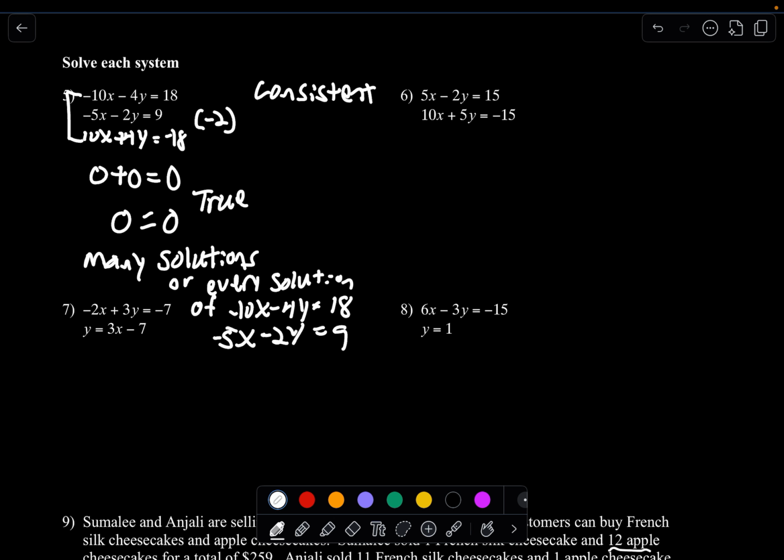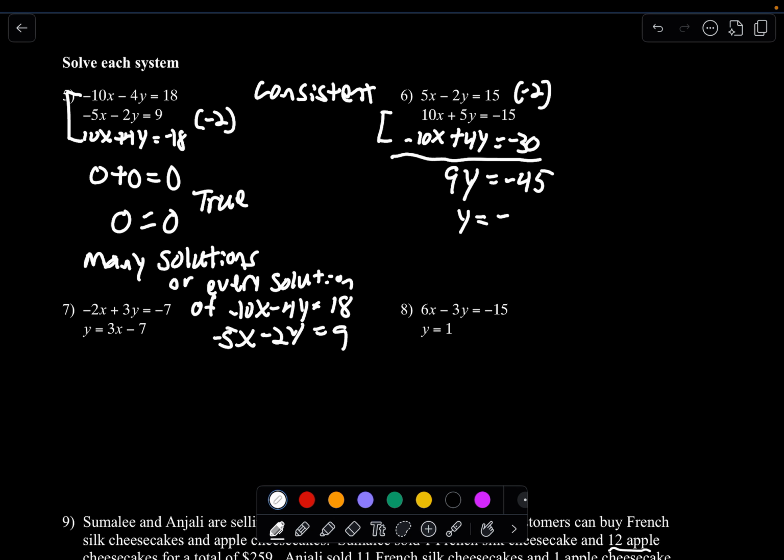Well, if you multiply the top equation by -2, you get -10x plus 4y equals -30. Now, if we add these two equations together, the x's go away, and you're left with 9y equals -45, or y equals -5, because you divide by 9.